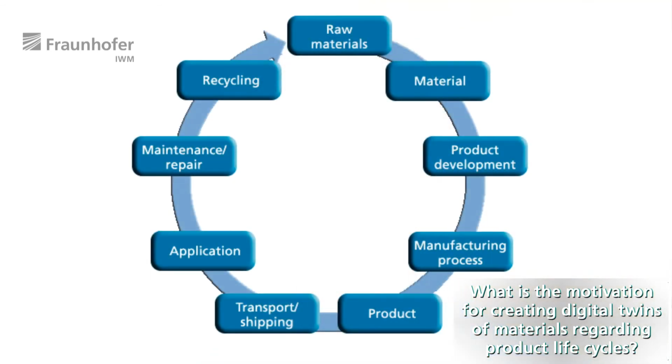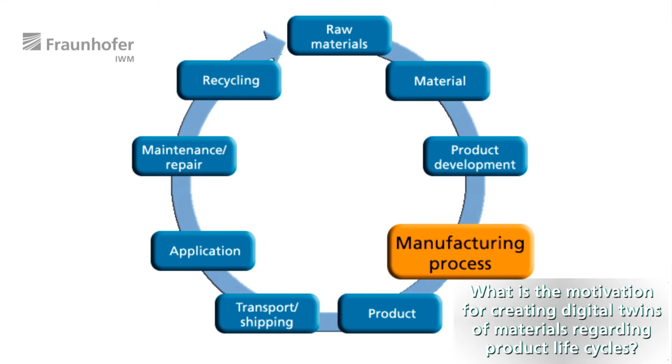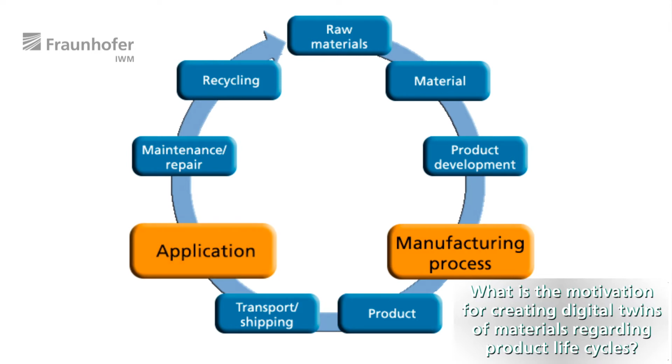If I have that, then I can talk to the product developers, or at least get their data: what kind of material did they put in there, why did they put it in there, what kind of performance did they expect from that material in their application, and then also how that material, when they got it, was put into production, what the production steps were, and how the material was treated until it was in the application.